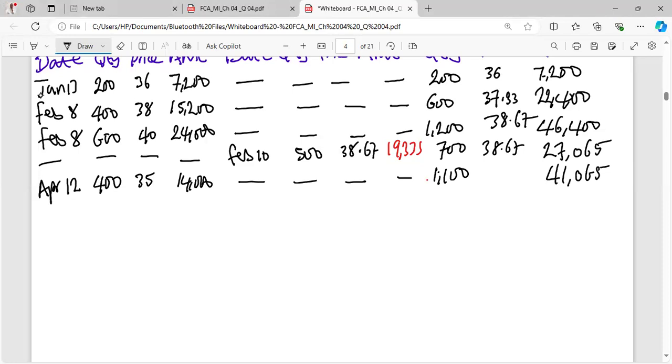At this point now, we need to divide by 1,100, which gives us 37.33. So I'll say this is 37.33.